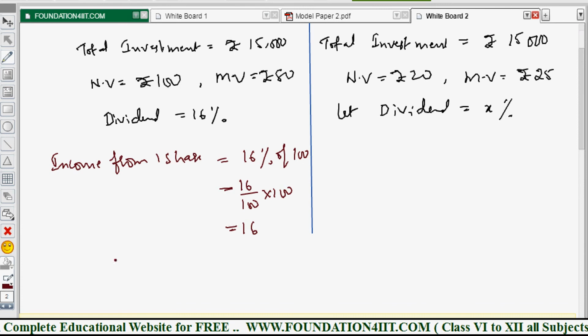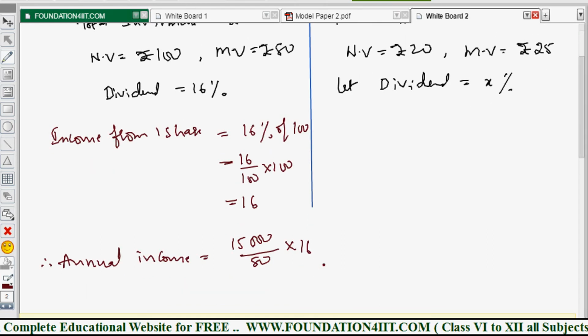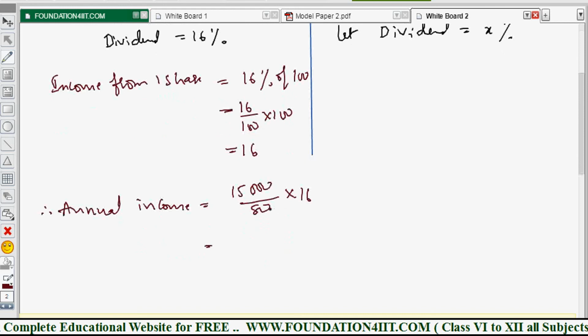Therefore, the annual income is 16. Here the total investment is 15,000 and the market value is 80. That means 15,000 by 80 is the number of shares, into the profit on each share, 16. So 15,000 by 80 into 16. If we cancel, 0 0, 8 ones are 8, 8 twos are 16. So 1500 into 2 is rupees 3,000, right? So this is the annual income from Arun's share.